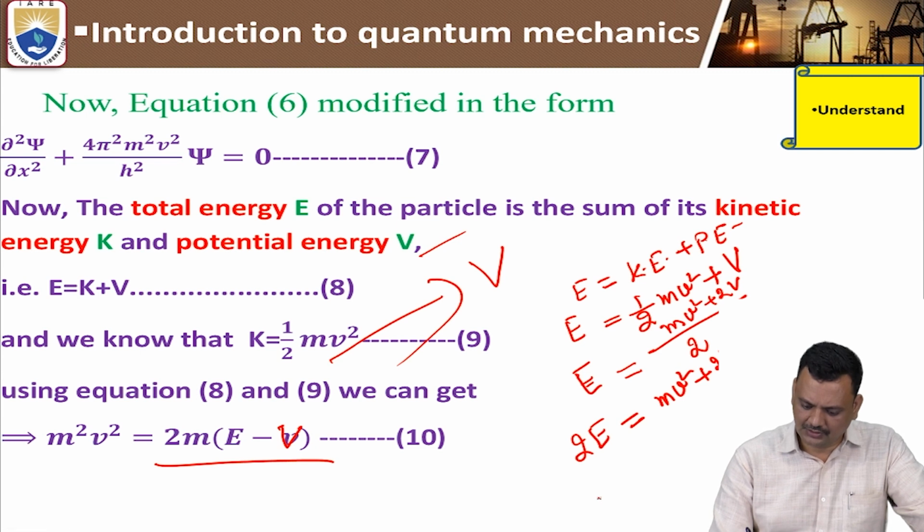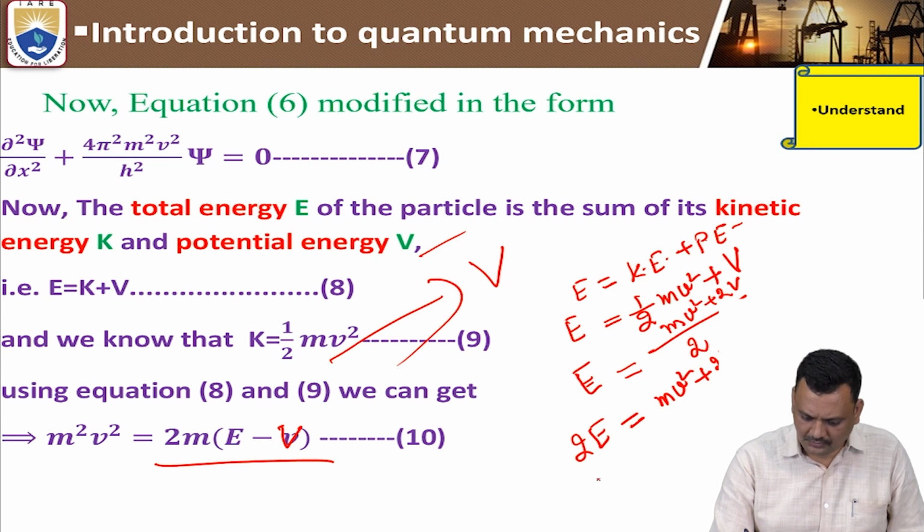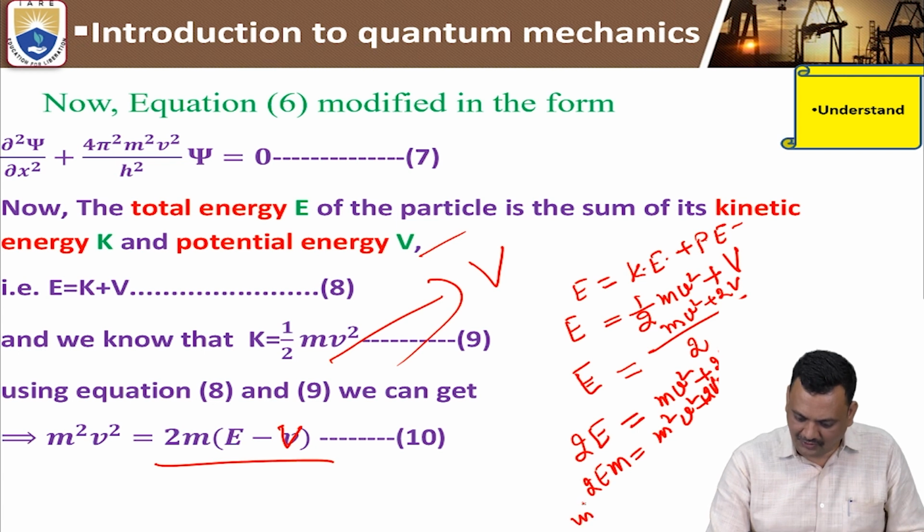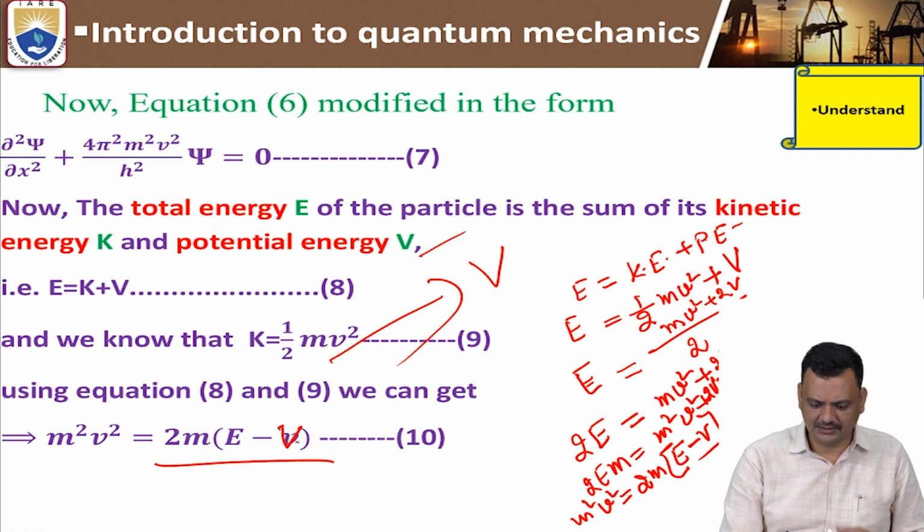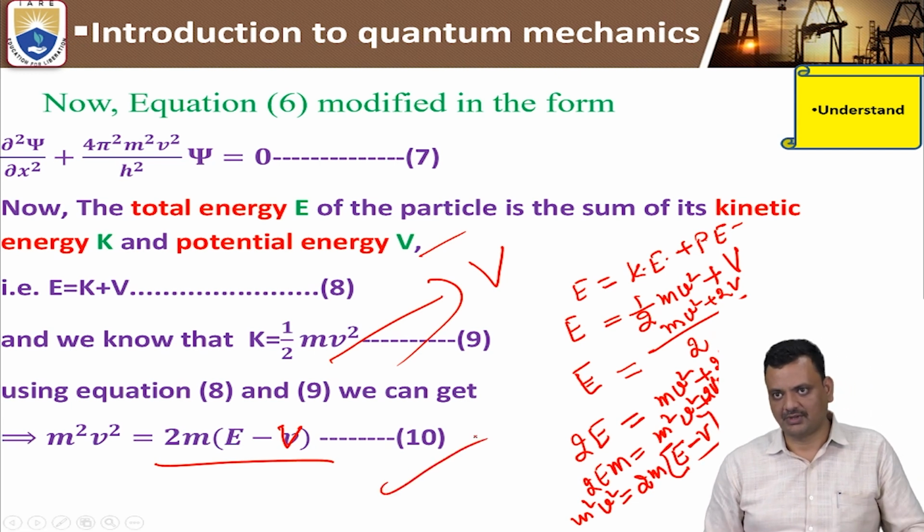Multiply both sides with m: 2Em is equal to m square v square plus 2 capital V m. Now m square v square is 2m times E minus V. The same thing is written here as equation number 10.